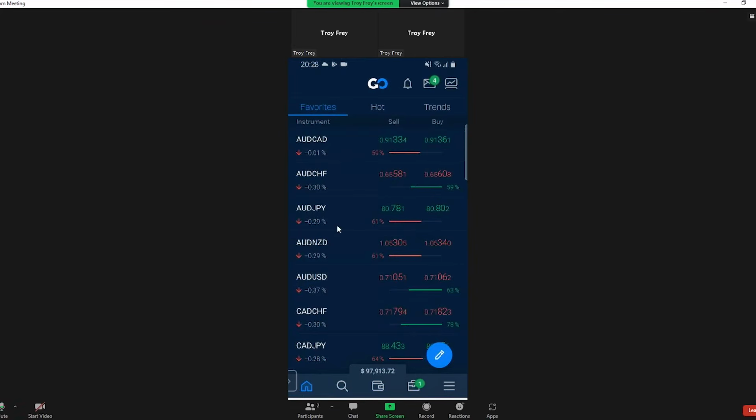And it makes sense, right? Why would more people be selling on the Australian JPY than buying? For example, the Australian dollar tends to strengthen on exports when the economy is doing well.